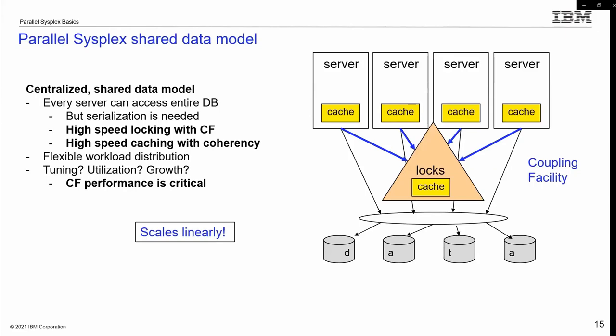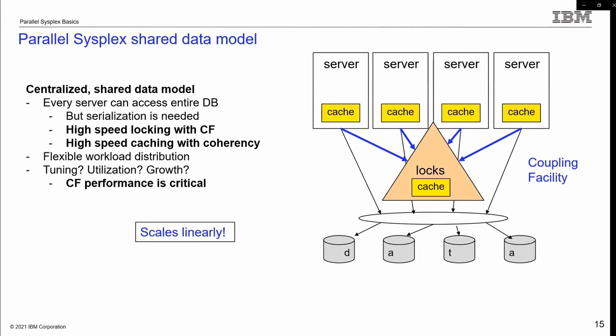What if we had a common repository with serialization built in, and the servers could just talk to the common repository? And what if the server could just find out very easily if their in-memory version of the data is the very latest copy? Well, this is kind of what the coupling facility is. It's an intermediary between the servers and the data.